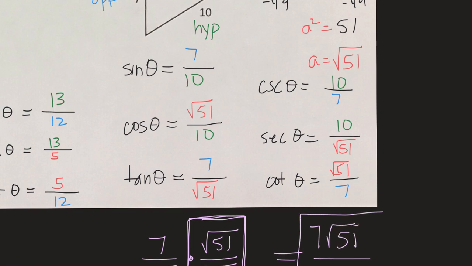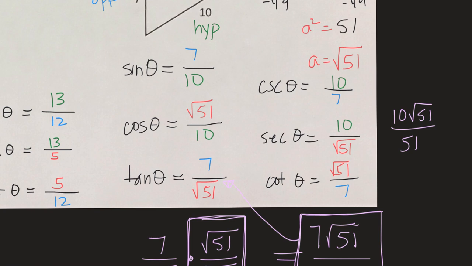So you might see your answer represented like this in a multiple choice question for the ratio of your tangent. Same thing with the secant over here. You might see it as 10 root 51 over 51 by that same notion. You would multiply both top and bottom by root 51.